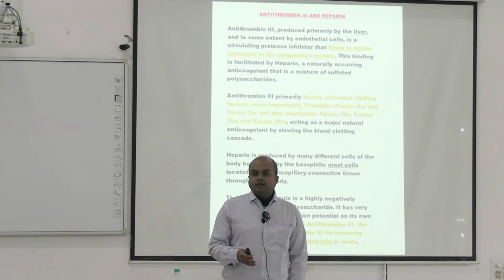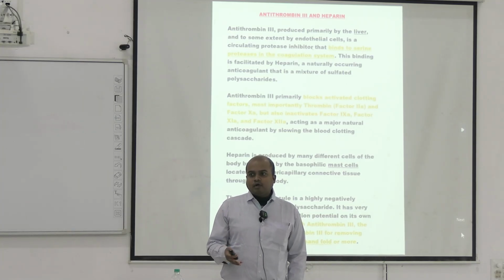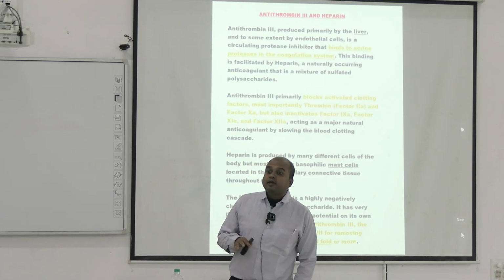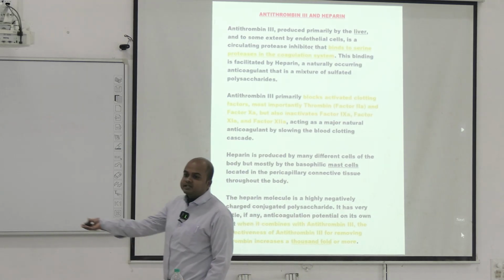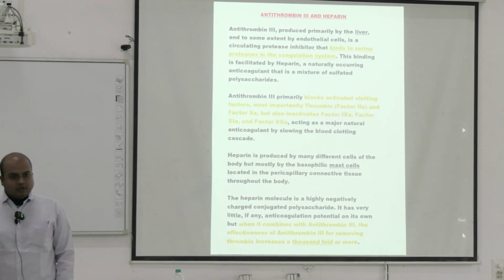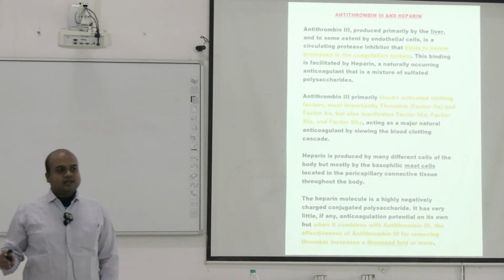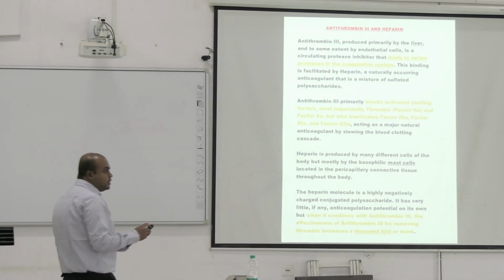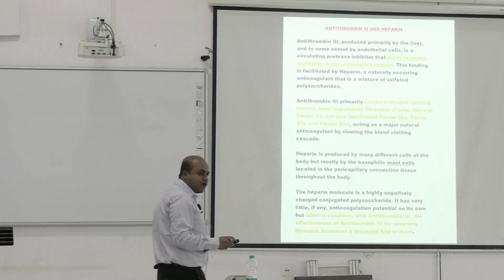Heparin is produced by, say from your knowledge of WBC classes, at least basophils and also basophilic mast cells. Mast cells are present around the connective tissue in most cells in the body. So heparin is produced by that. Antithrombin III itself can act.